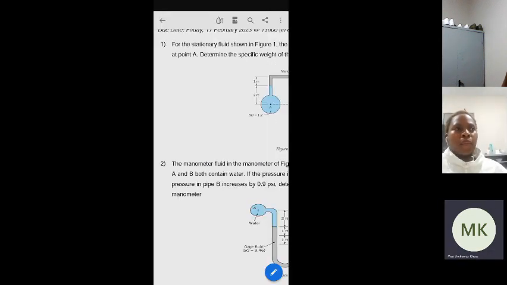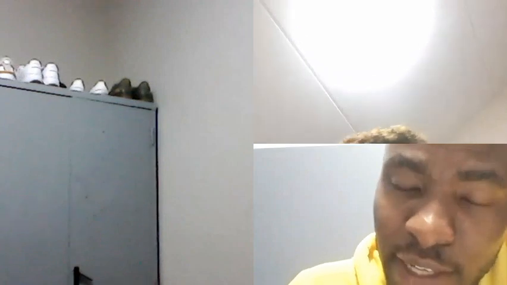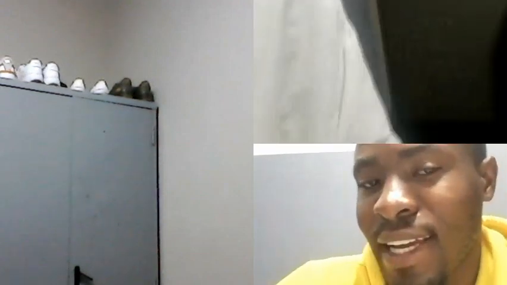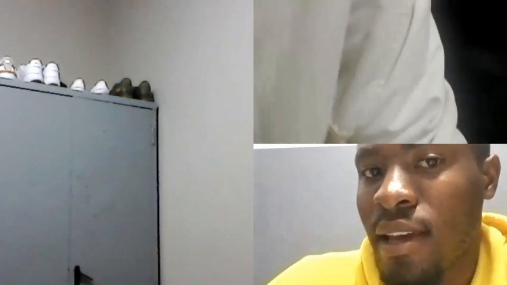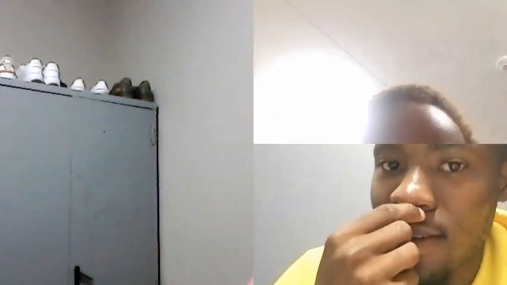Let me do this then. Pressure at point B is 20 kilopascal greater than at point A, right? Which means whatever the pressure at point A is, you add that 20 kilopascal so that it can give you point B. Understand?